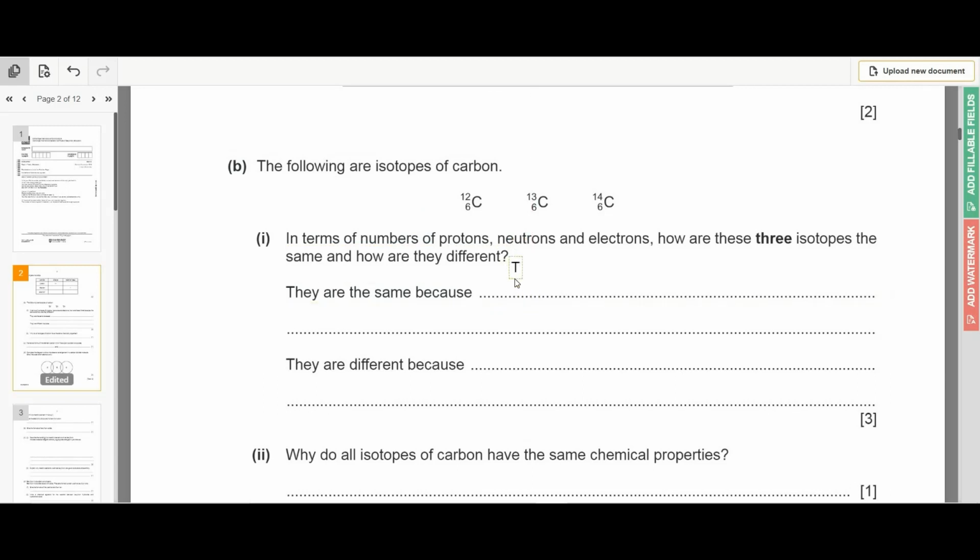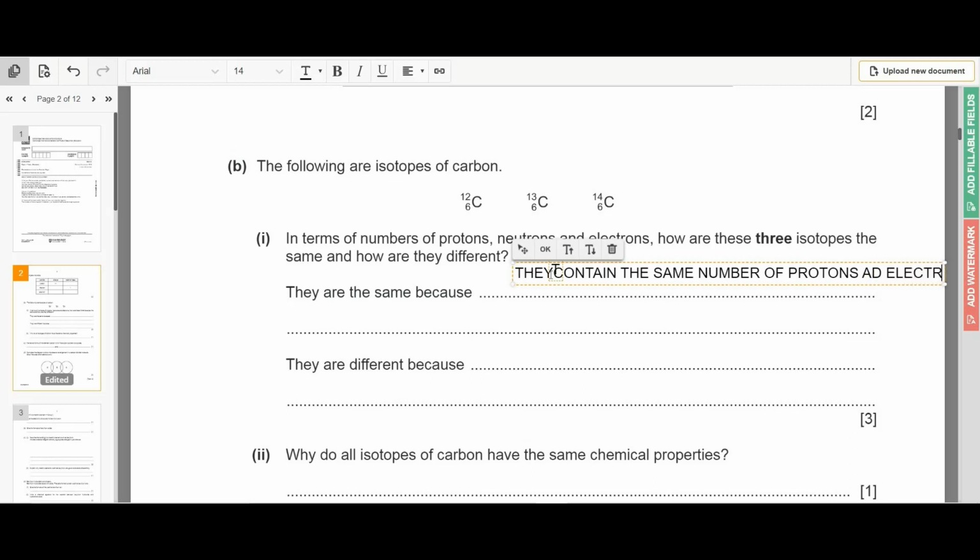So I can write here, they are the same because they contain the same number of protons and electrons, and why they are different. We have secured 2 marks here because we have mentioned they contain the same number of protons and electrons.